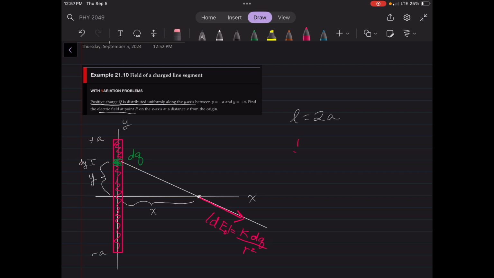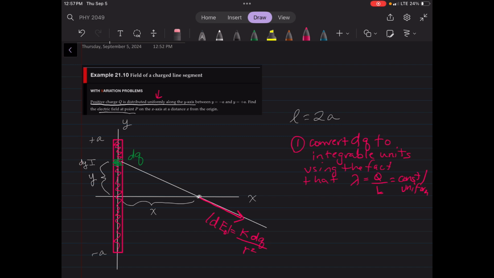The first thing we need to do is convert dq to integrable units, using the fact that the charge distribution lambda, which is equal to the total charge over the total length, is constant/uniform, as mentioned right here.